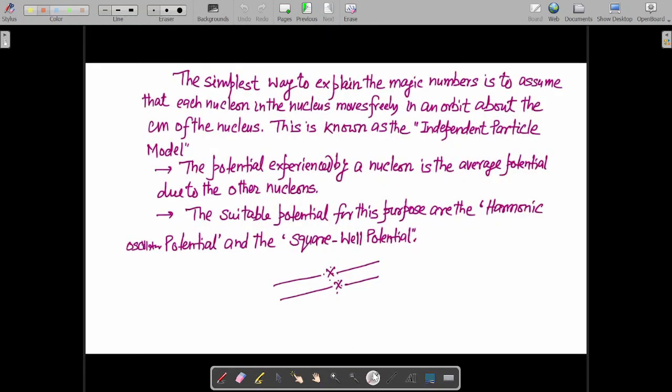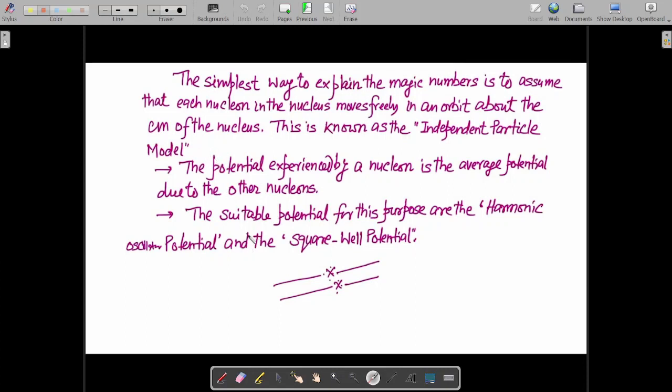The simplest way to explain the magic numbers is to assume that each nucleon in the nucleus moves freely in an orbit about the center of mass of the nucleus. How to explain magic numbers?